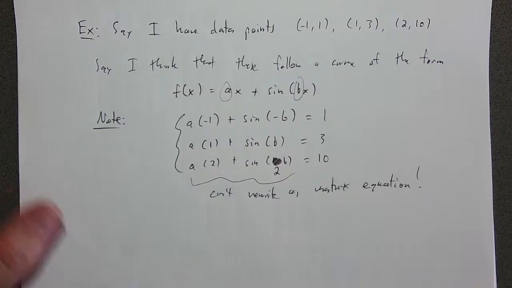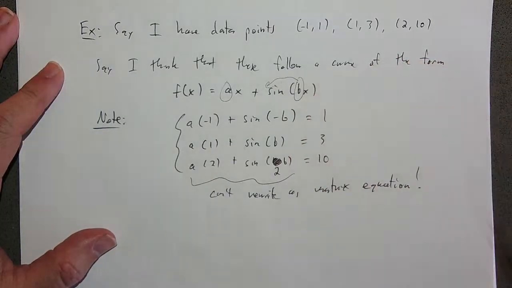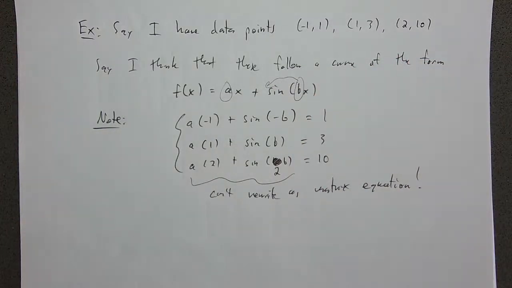But what if I thought that it looked like ax plus b sine x? Is that okay? And the answer is yes, that's fine. Now, typically you have polynomial things. This is like your first attempt because they are simpler to deal with and cover. There's a lot of reasons why with polynomials alone you can do a lot of things.